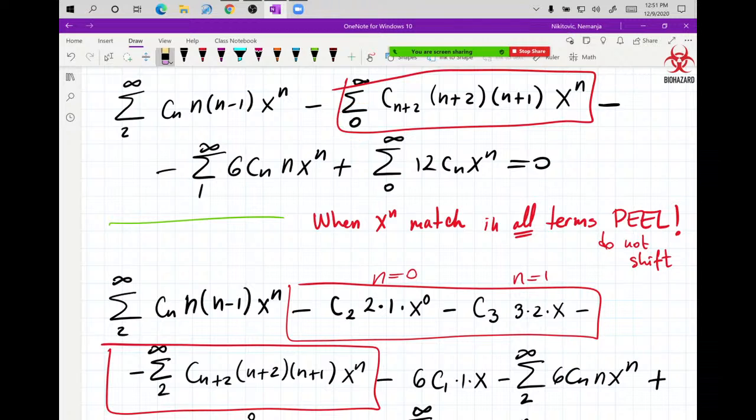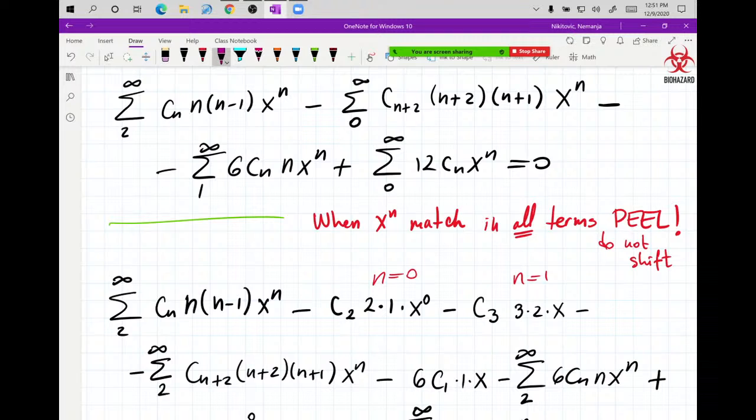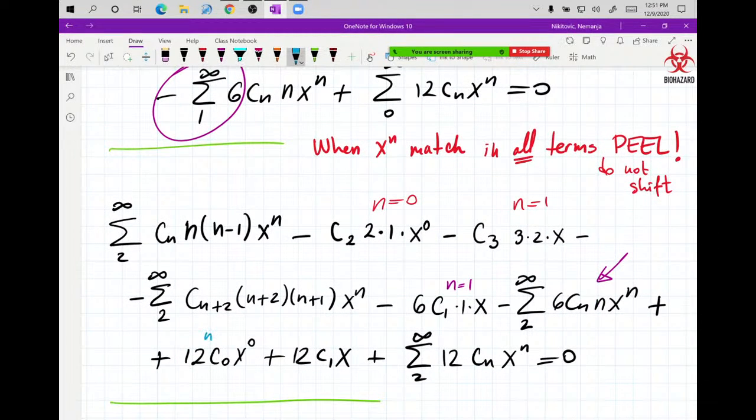So we repeated the same procedure in all of these other ones. So this is your n equals 1 term that we peeled from this one, and then the rest of the series starts at 2. And we peeled off n equals 0 and n equals 1.